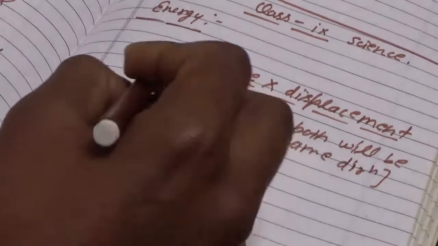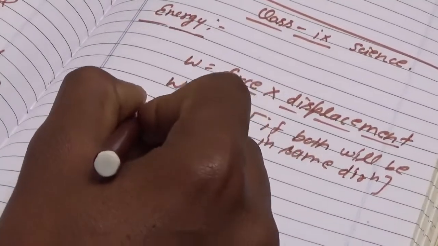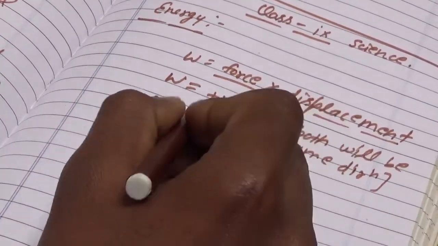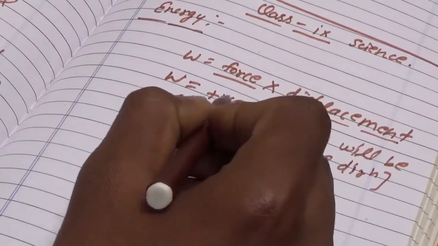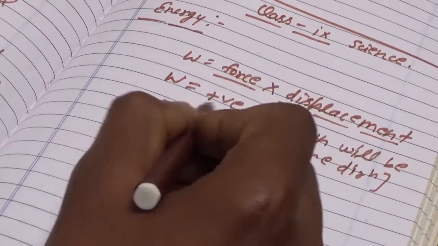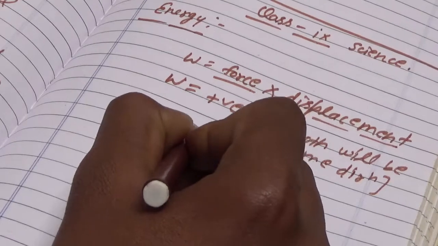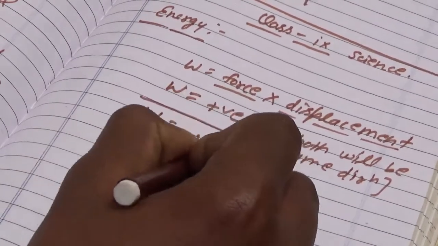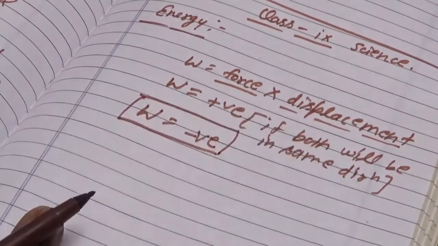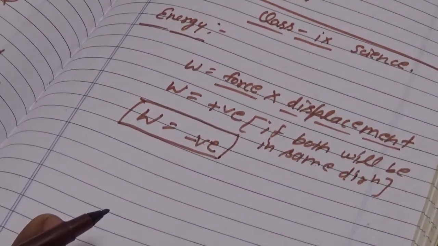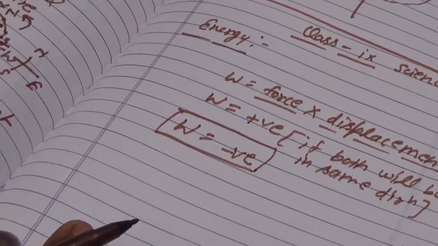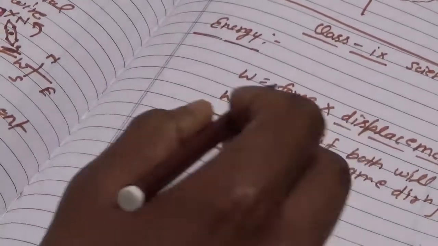If force and displacement are opposite to each other in direction, then work done will be negative.